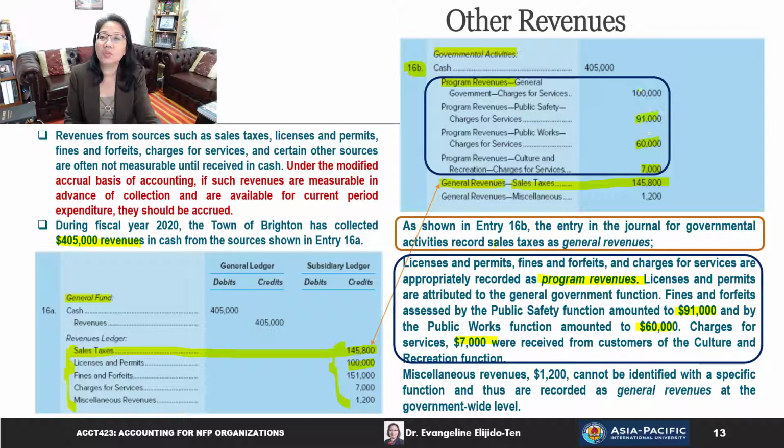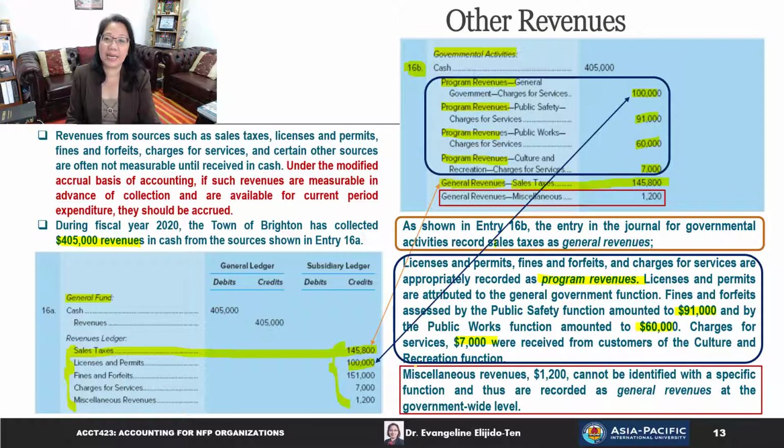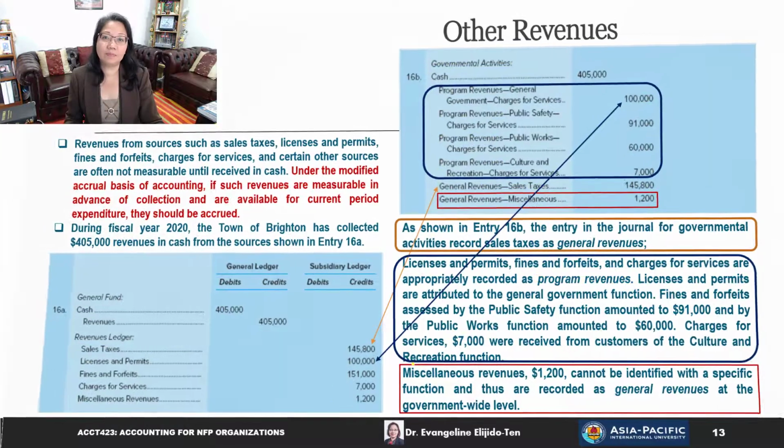So those amounts were credited specifically under program revenues. And finally, the miscellaneous revenues of 1,200 cannot be identified with any specific function, and so it's just recorded as general revenue miscellaneous for 1,200. So notice that at governmental activities level, we need to separate program revenues as well as general revenues because they are shown differently in the financial statement.